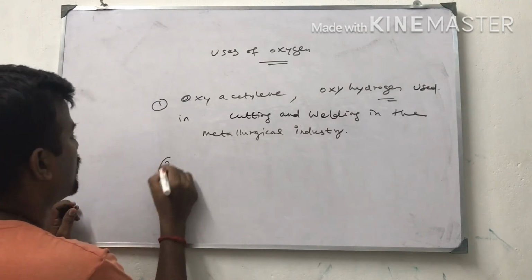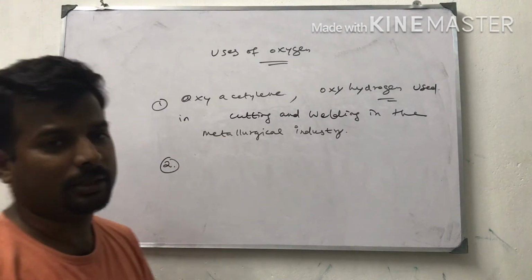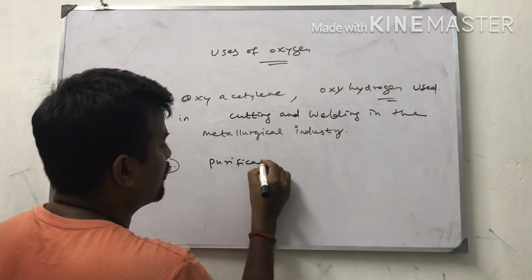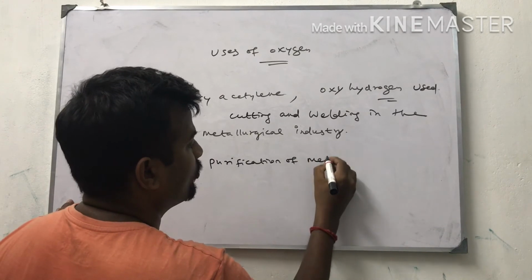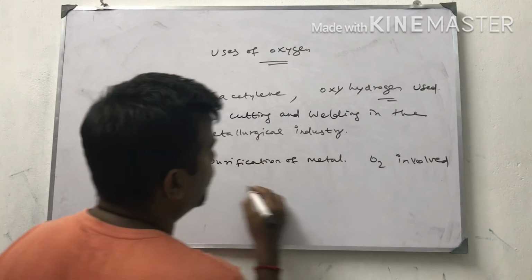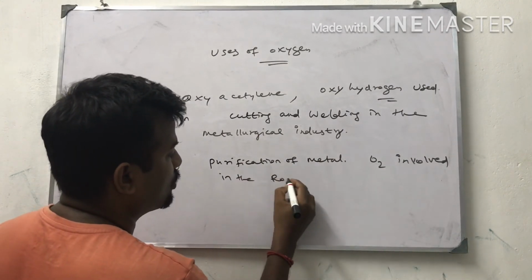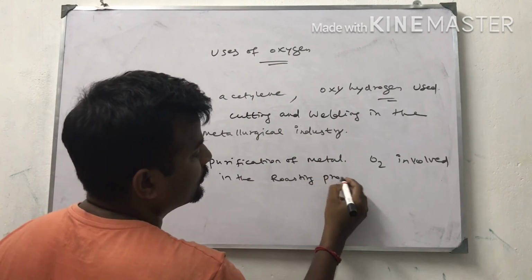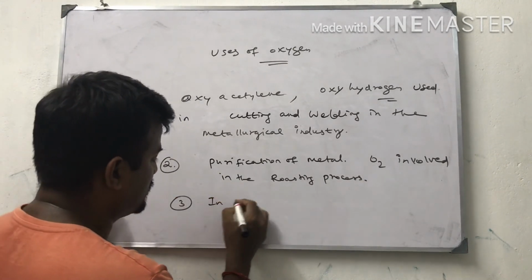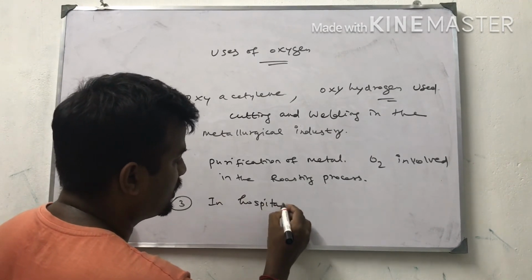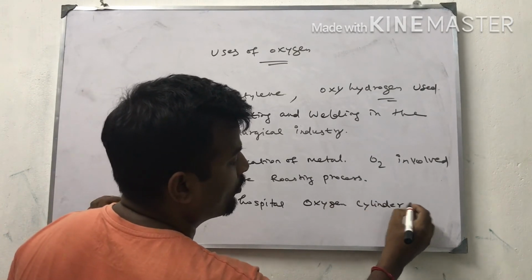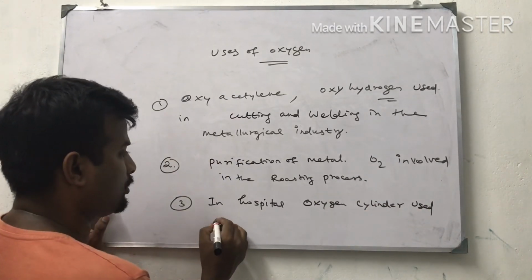Next is the second point, roasting. In the purification of metals, oxygen is involved in the roasting process. Third point is hospitals. In hospitals, oxygen cylinders are used for artificial respiration.